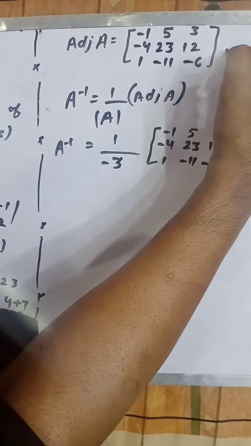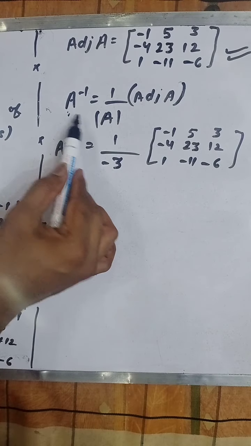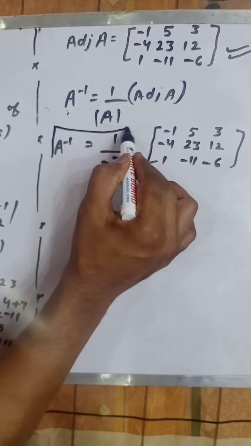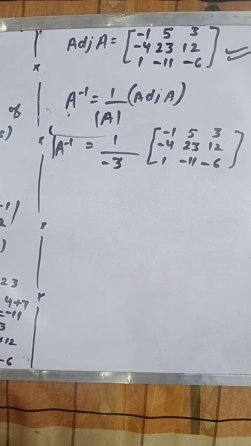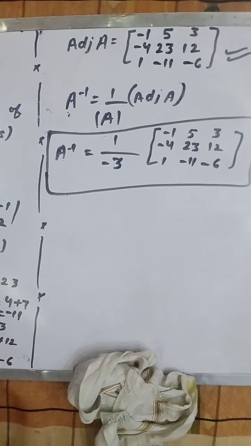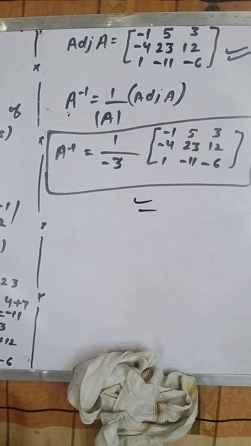So here you have the adjoint of matrix A, and this is the formula to find the inverse. You just have to put in the values, and you will get A inverse. So this is how we can find the inverse of any matrix.